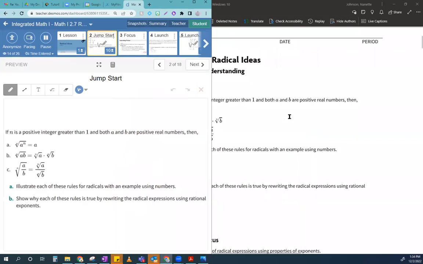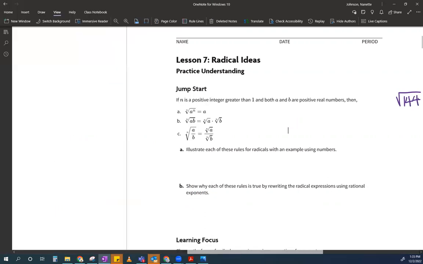So I'm thinking about, what's the square root of, let's do 144? We know what the square root of 144 is, so that's why I'm specifically using 144.